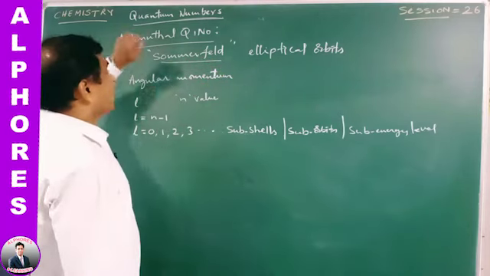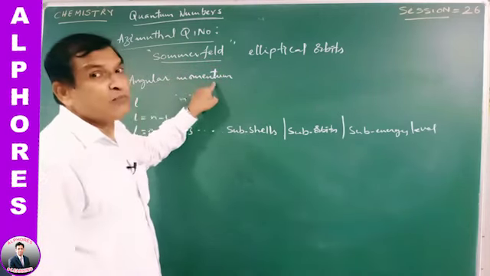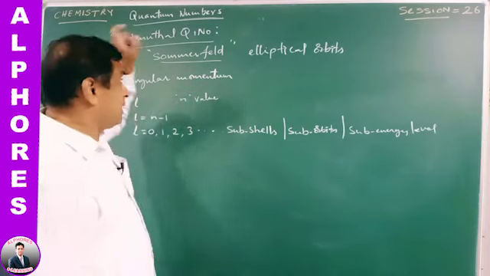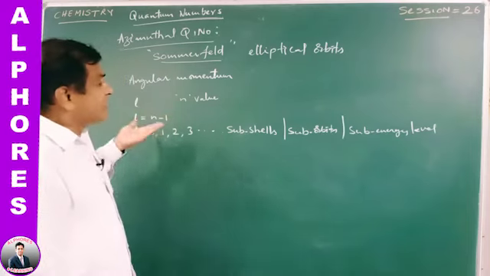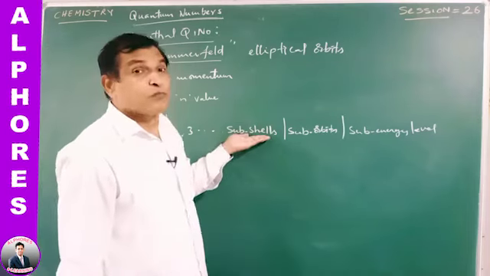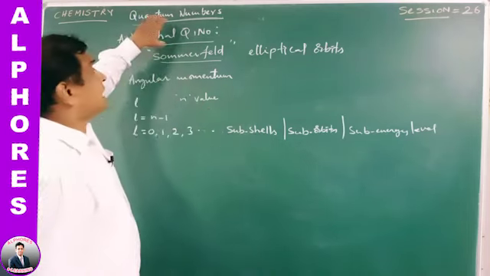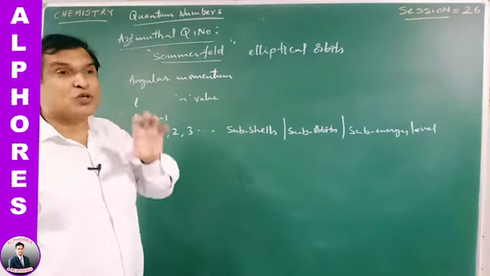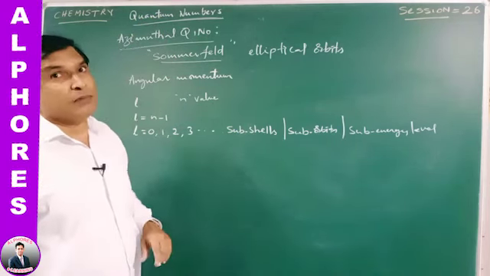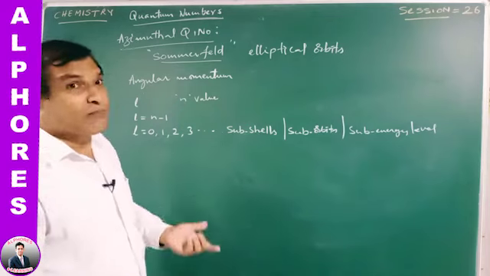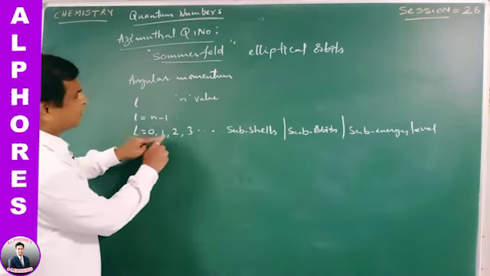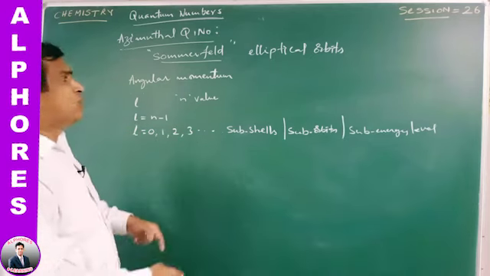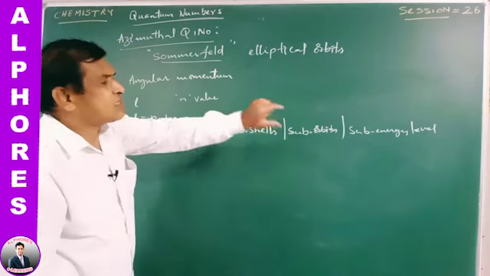Therefore, it is also called the angular momentum quantum number, and it explains the existence of subshells. It is also called the subsidiary quantum number.